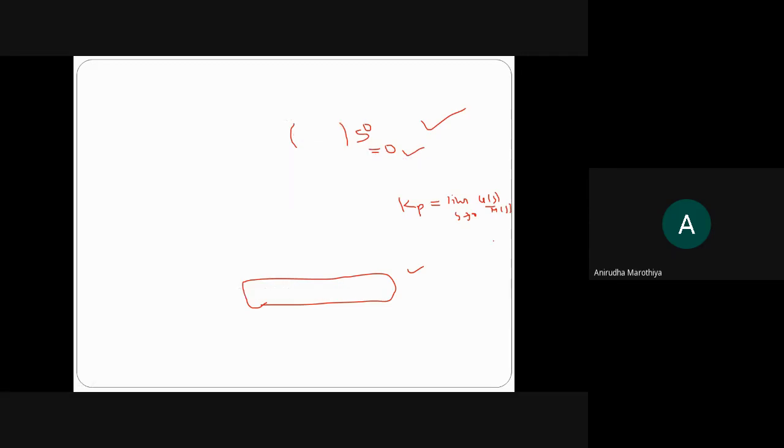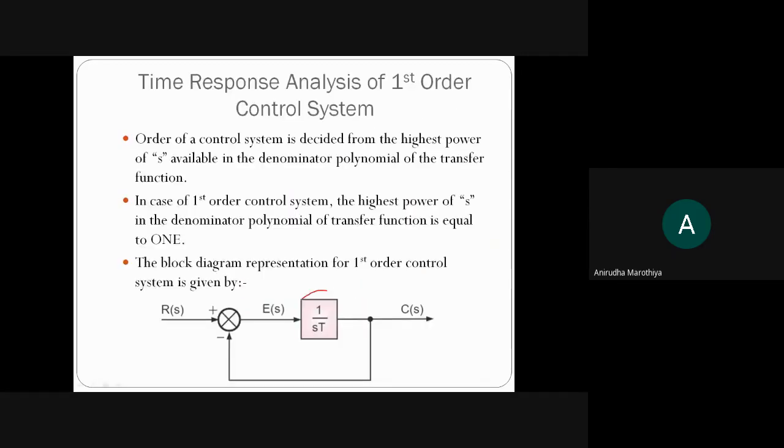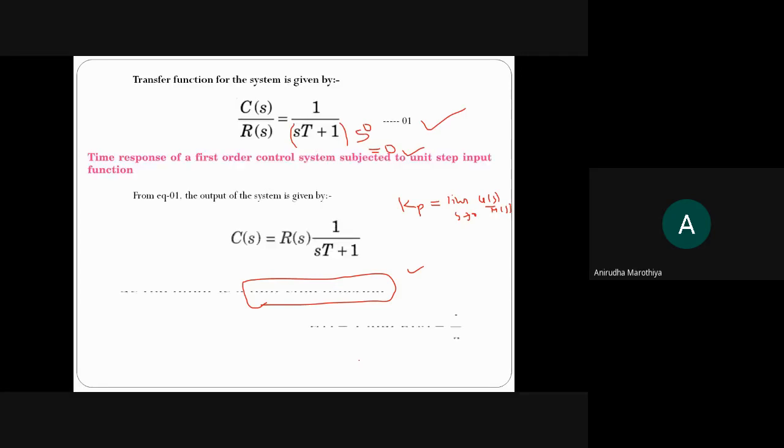Here this indicates G of s, so G of s is 1 upon sT. And here we have considered that it is a unity feedback control system. That's why the value of H of s is equal to 1. So if you apply this in this expression, G of s is 1 upon sT, and H of s is nothing but 1, so it has to be multiplied by 1.